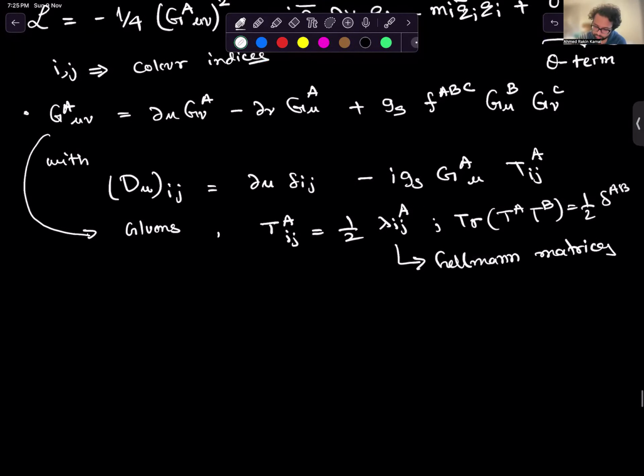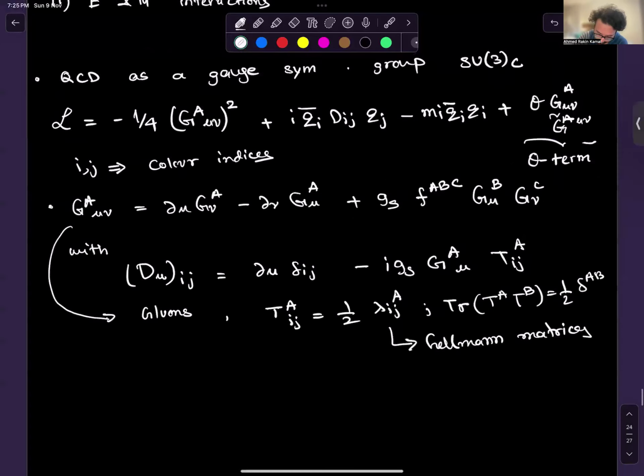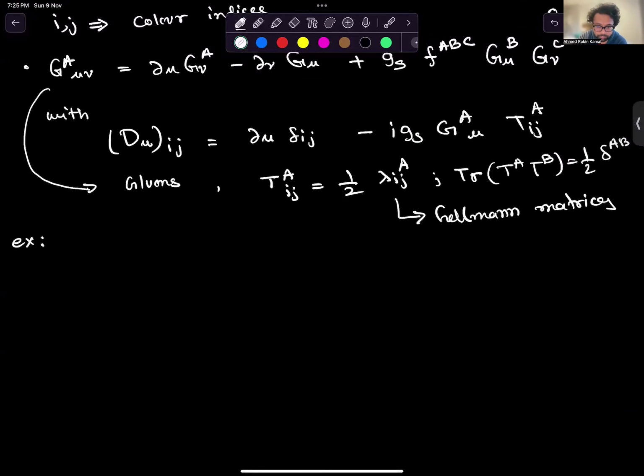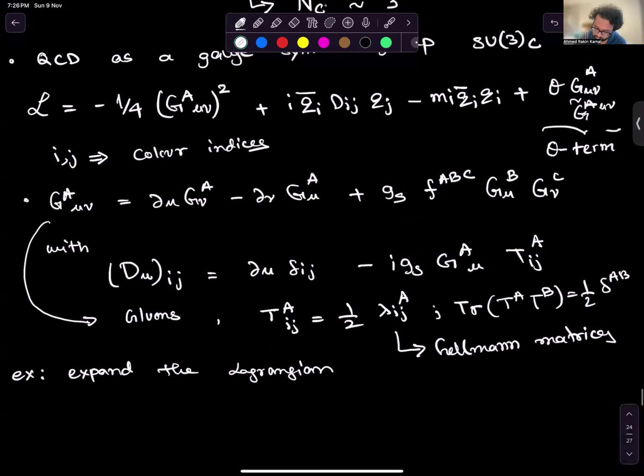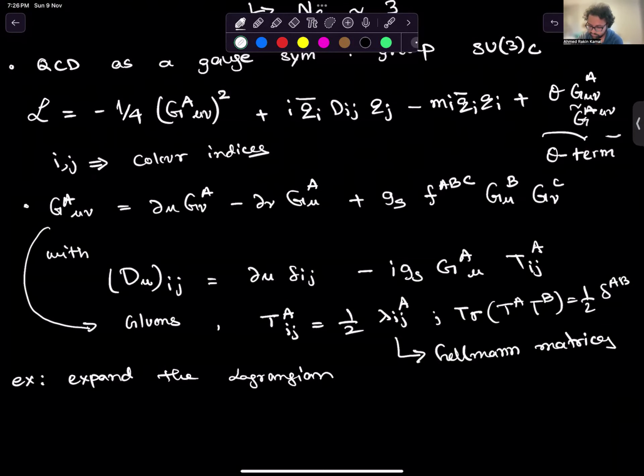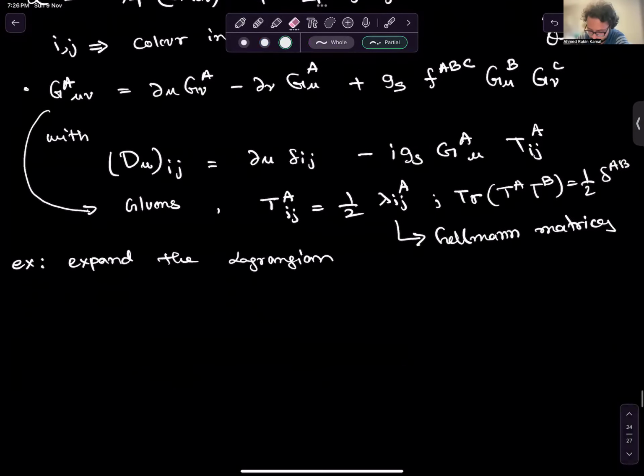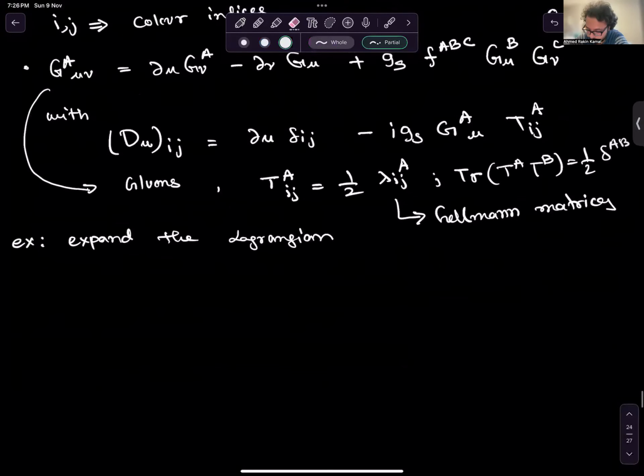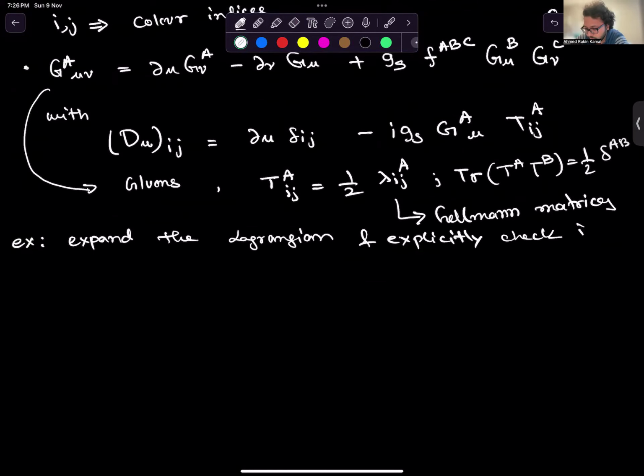So one thing to do, if you have not already done it, is just expand the Lagrangian. You know what these things are. I've written it. It's a very, very trivial exercise. And explicitly check if there are gluon self-interaction terms.